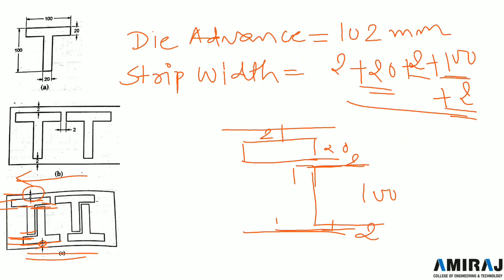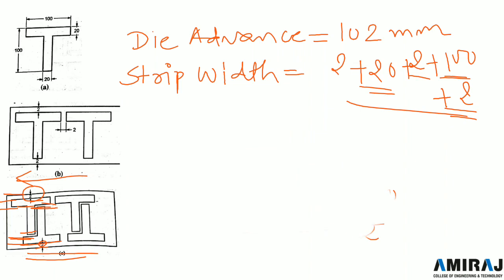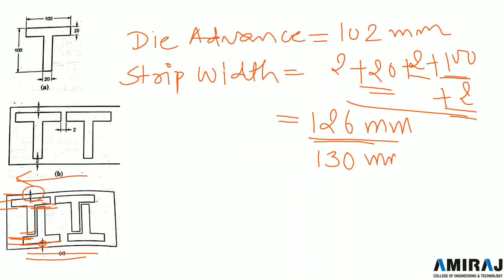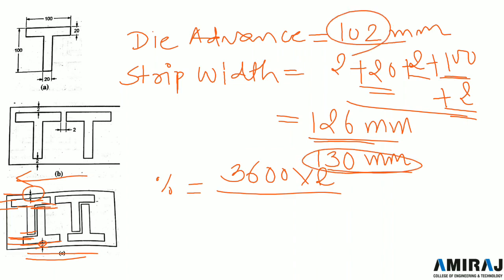So the total strip width is 126 mm, or we have to take it in a multiple of 5, so it will be 130 mm. So the percentage utilization here, with 2 parts, is 3600 into 2 divided by the strip width into die advance, that is 102 into 130, into 100.